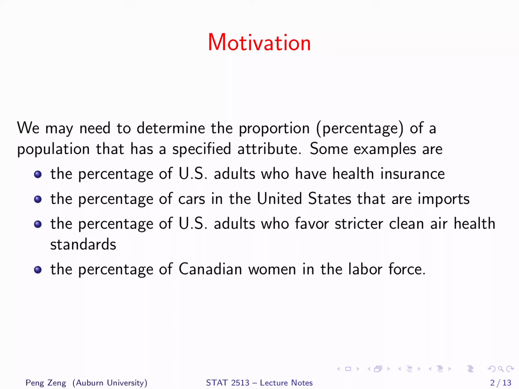For example, the percentage of US adults who have health insurance, the percentage of cars in the United States that are imports, the percentage of US adults who favor stricter clean air health standards, or the percentage of Canadian women in the labor force. In those examples, we are interested in population proportions. Starting this section, we will discuss statistical inference for population proportions.